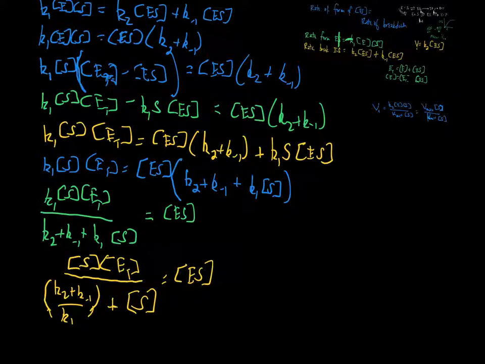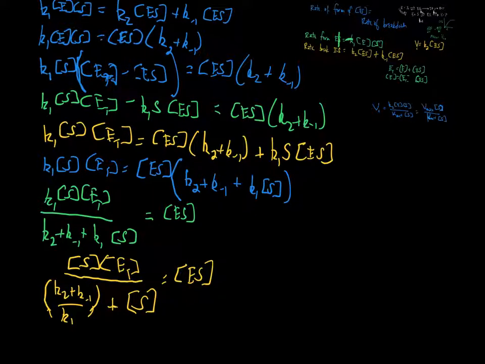This right here, all of this nastiness, all these little k's, these ratio of k's right here, even though those are individual kinetic rate constants, taken together they're an equilibrium constant, a thermodynamic constant. It's a capital K. They give that ratio right there a special name. It's called Michaelis constant, and it's Km.